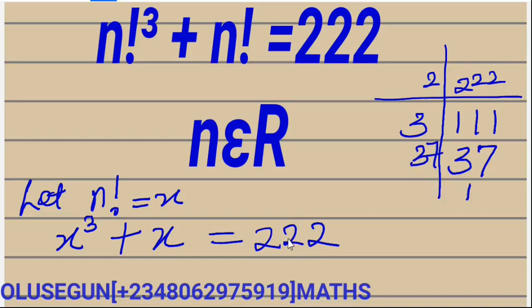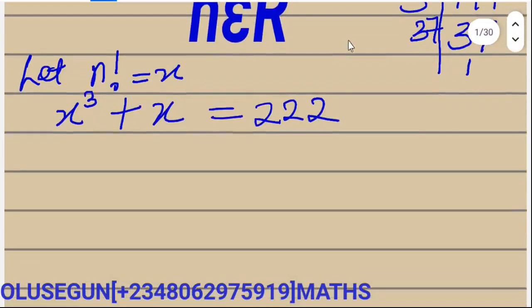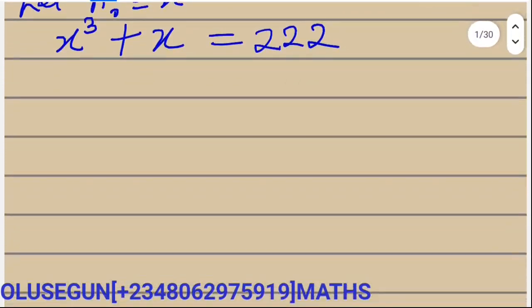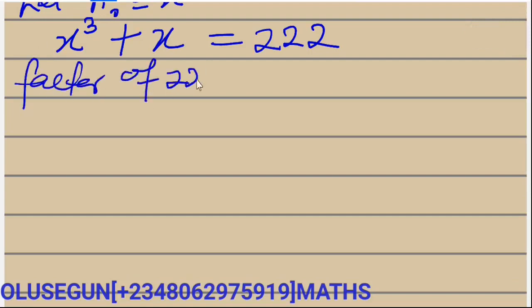So what is the meaning of this? We said the factors of 222 are 2 times 3 times 37. We are going to use these factors in factorizing the third degree equation.